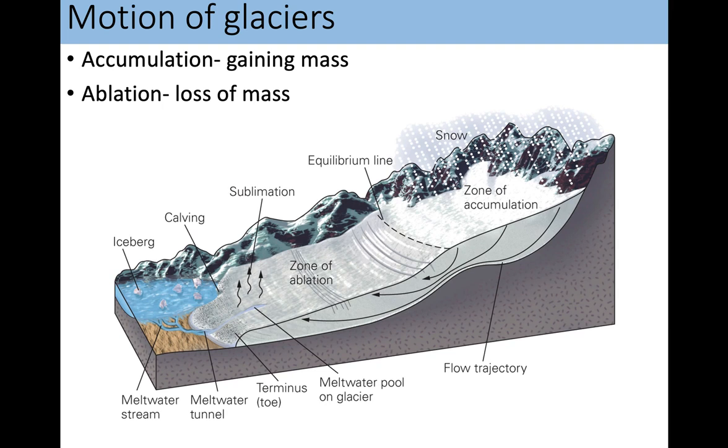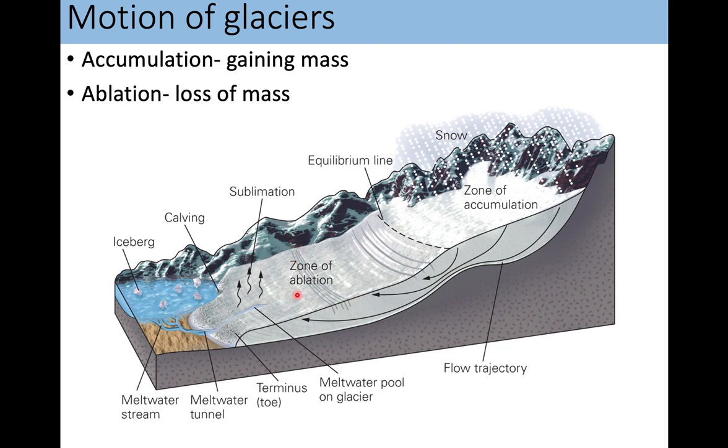On glaciers, we generally have the zone of accumulation, which is where we are gaining mass, which means this is somewhere where it is snowing, where ice is accumulating, and then also ablation. An area of ablation is where we are losing mass, where we are losing ice. So there's melt, and there's breaking off of the ice into icebergs, which we call calving.